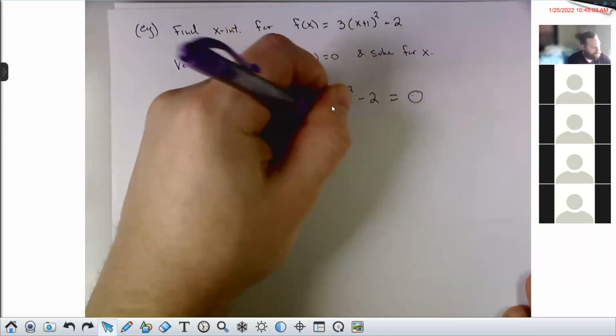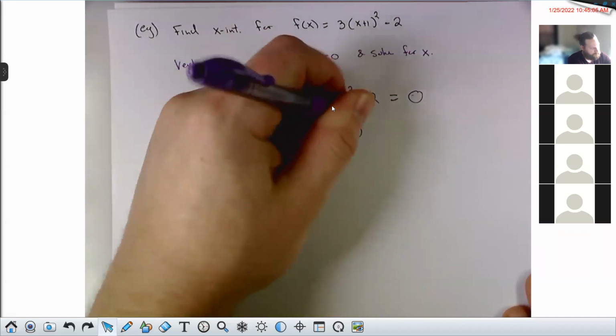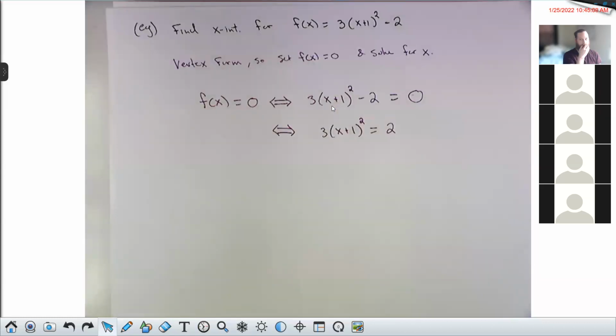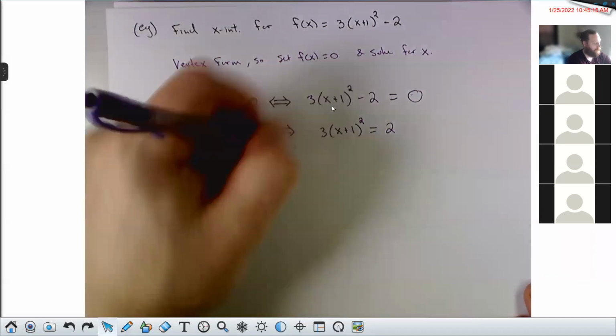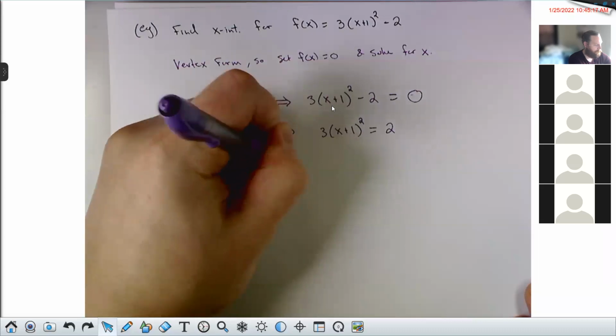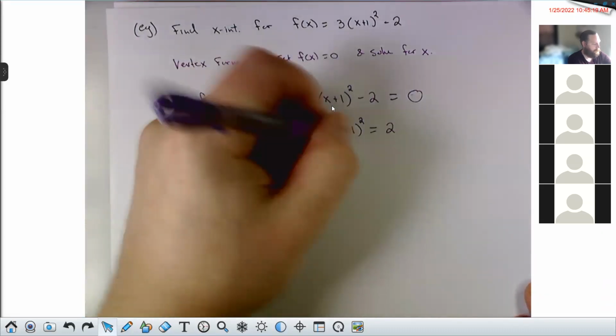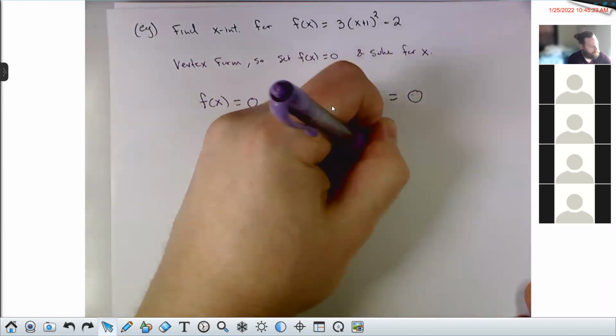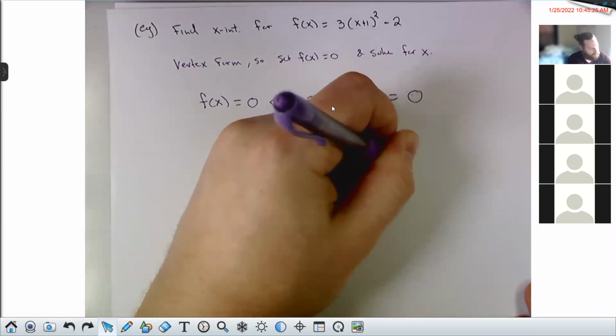That gives me 3 times (x plus 1) all squared equals 2. Next, I can divide both sides by 3, and that gives me (x plus 1) squared equals 2/3.